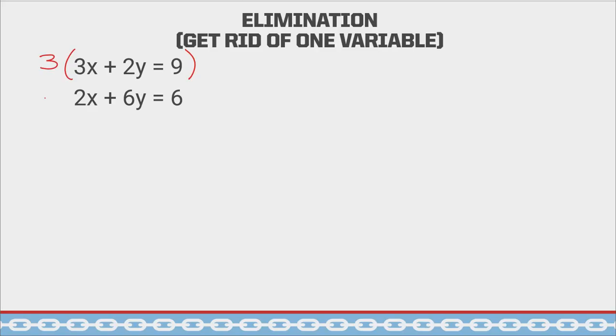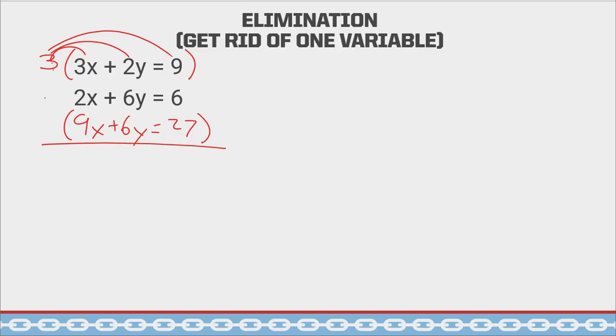And if I multiply this entire top equation by 3, all three terms get multiplied by 3, that 2y multiplied by 3 is going to become 6y, right? So I get 3 times 3x is 9x, 3 times 2y is positive 6y, and then 3 times 9 is 27. Now I have 6 y's that are the same.